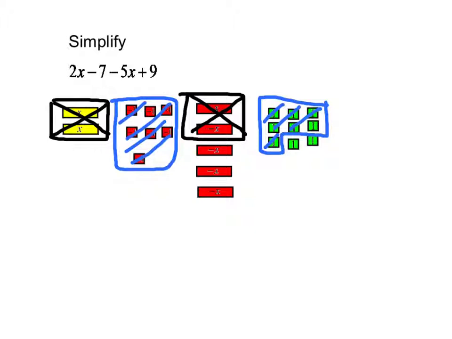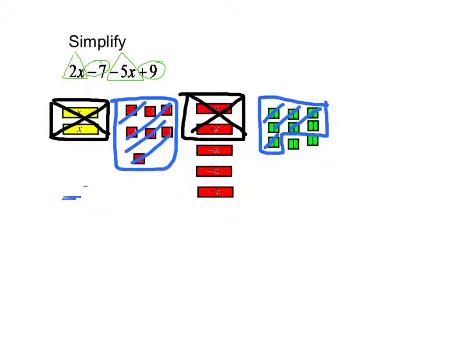So I'm going to put a triangle around that and a triangle around that, and I'll use an oval around that and an oval around that. And you can see the 2x and the negative 5x, that actually is going to get me negative 3x. Let me get this a little thicker now.